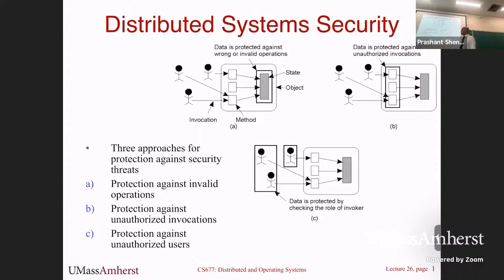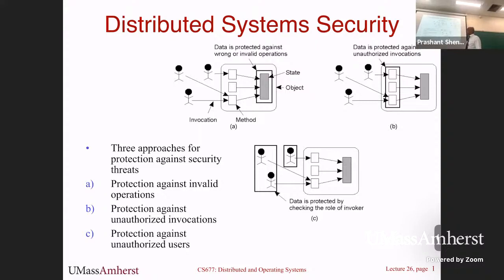Okay, so in the context of this class, we are worried about three specific problems. One is you want to protect against invalid operations, which means that you don't want users to perform operations that they are not allowed to. For example, your web application may have certain methods that are only accessible to admin users and other RPC or REST methods that are accessible to normal users. You want to prevent ordinary users from accessing some of those operations.